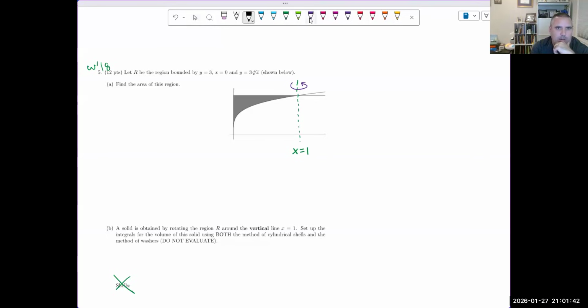If you can't read, I don't know how legible that is on Zoom, but the boundaries are x equals 0, and the bottom is y equals 3.